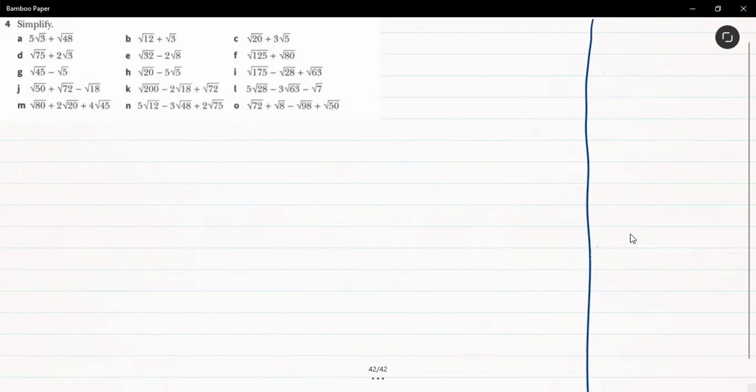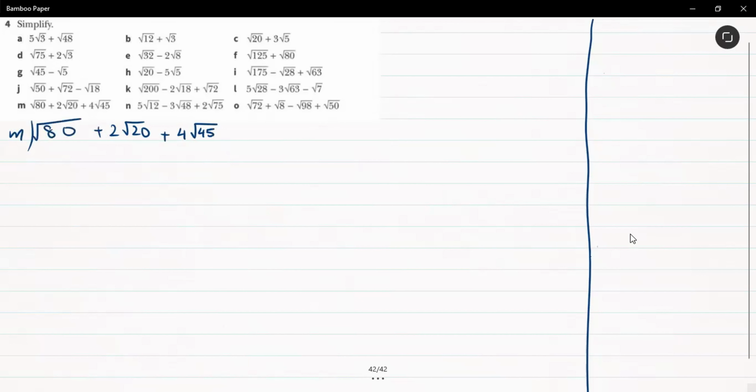Okay, proceeding on to part M. For part M, we have under root 80 plus 2 under root 20 plus 4 under root 45.